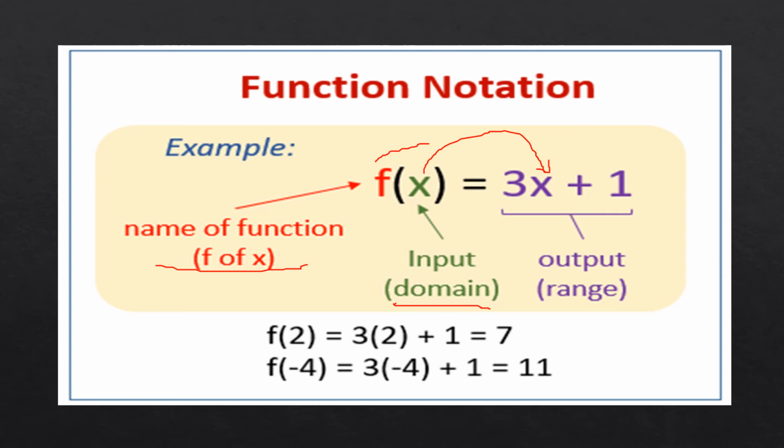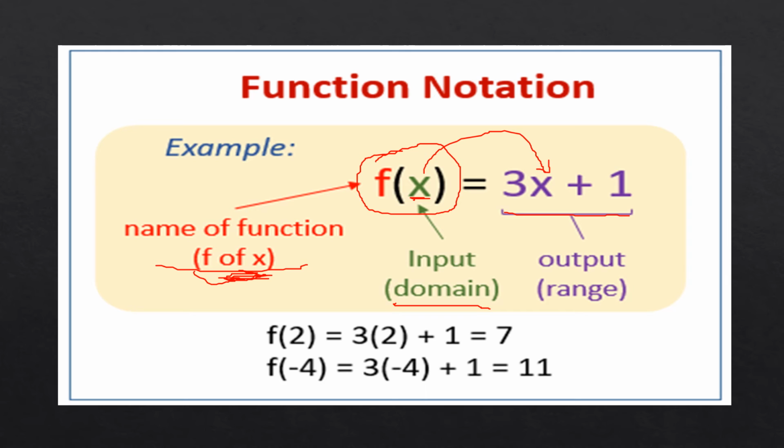From now on, you will say f of x or f of y, f of z, or whatever the letter is. Let's say f of x because we use it more than any other letters. So this x is the input domain, and here it is the output range.